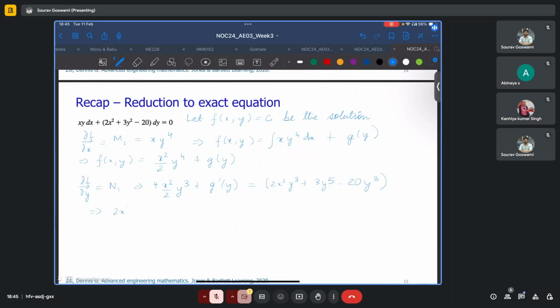So 2x square y cube plus g prime of y is equal to 2x square y cube plus 3y power 5 minus 20y cube.